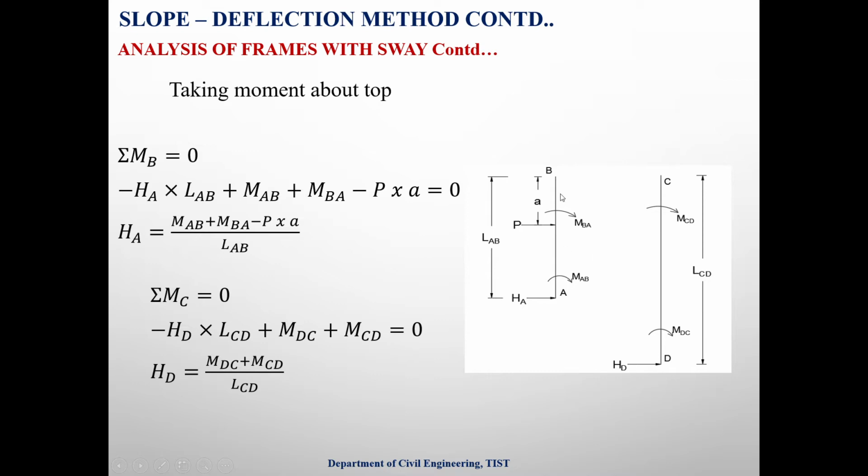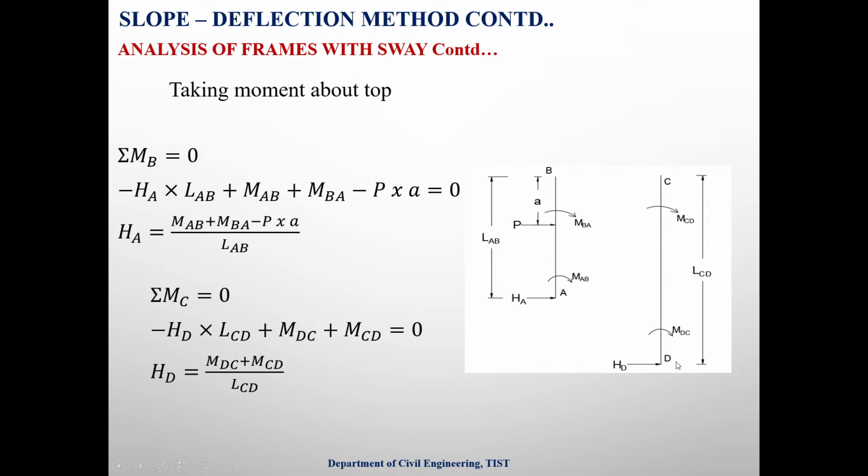In the case of AB, when you take the moment about B is equal to 0, then what will you get? MBA plus MAB minus HA into LAB minus P into a, that is equal to 0. Therefore, HA can be written as MAB plus MBA minus P into a divided by LAB.